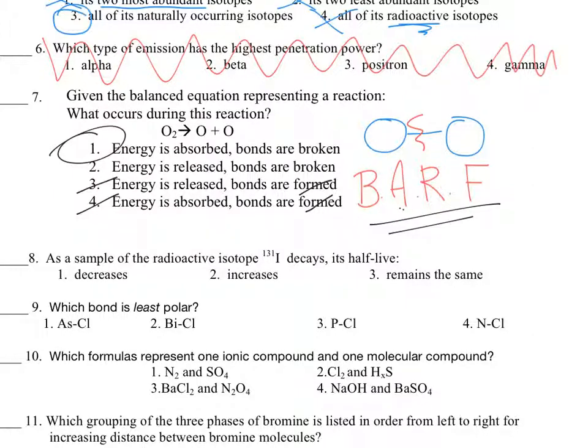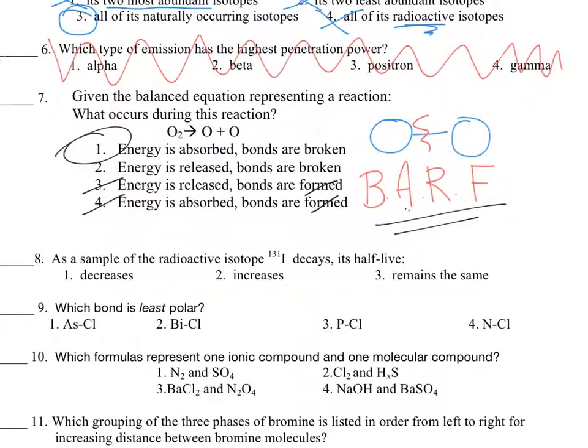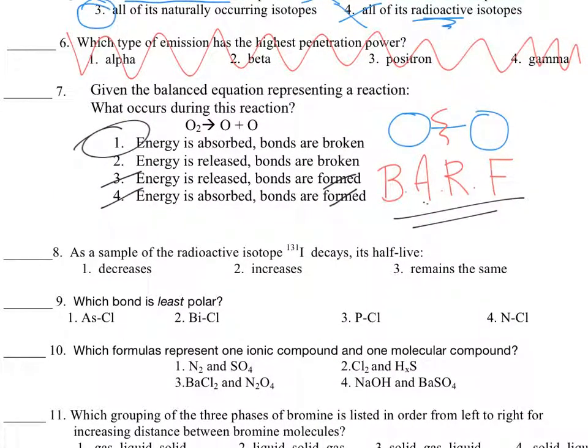Let's see, let's move this over here. Number 8, we have a bad version here. Looks as if my number 8 is a little different from your number 8, but I have it right here.